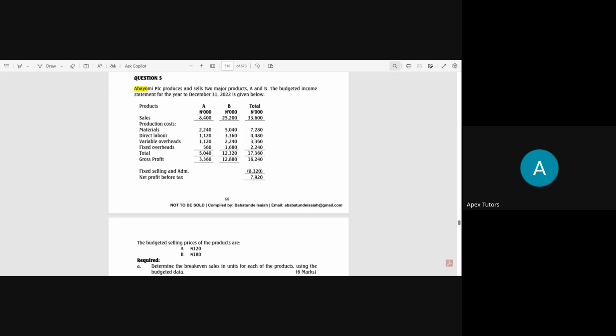I think I will correct my workings by adding the triple zeros. So that will just work in a better way. So 8,400,000 divided by 120 will give you the units, and the unit should be 70,000.